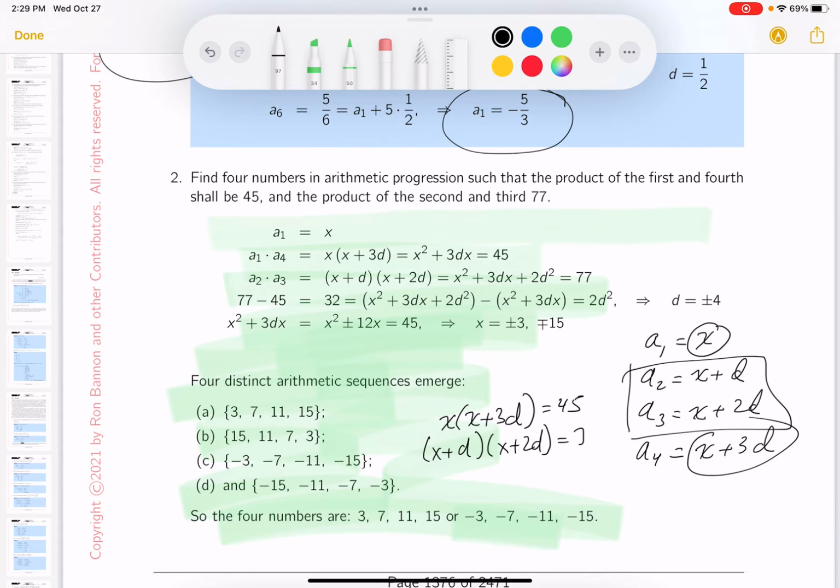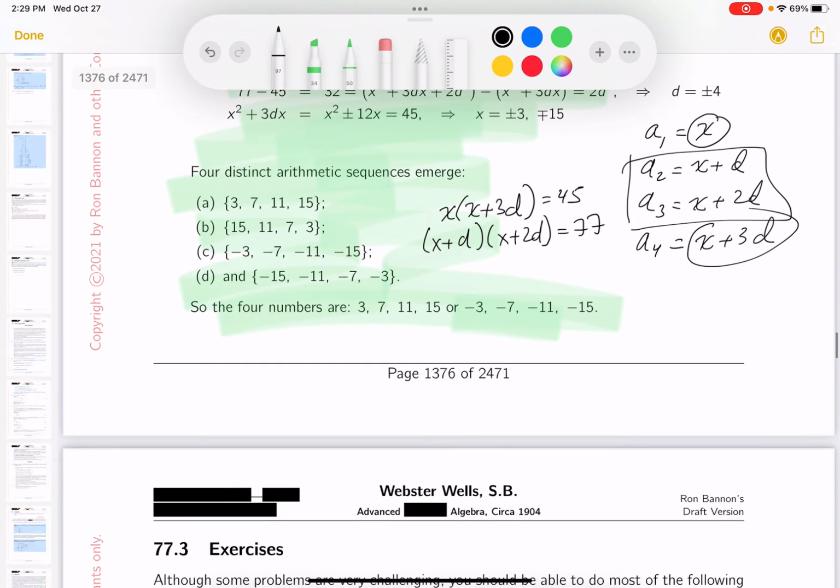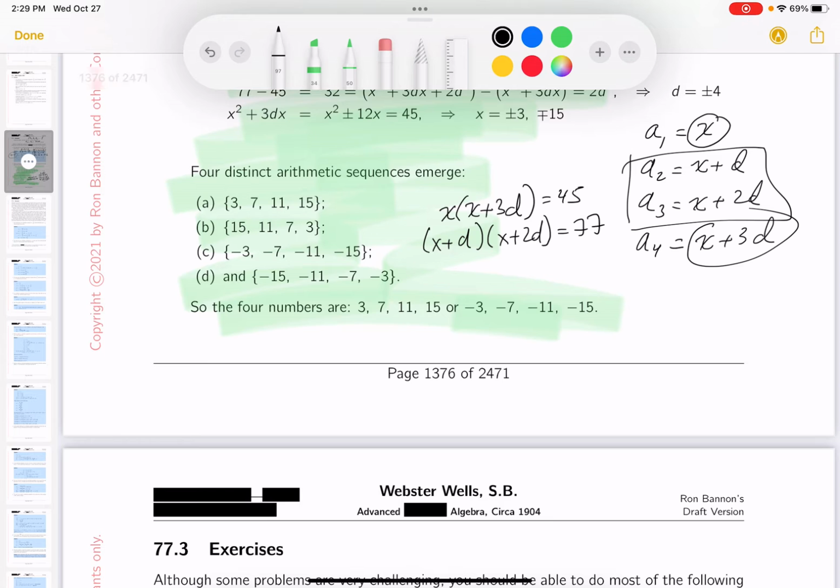Is 77. All right, I got to be honest with you. Looking at these things, you might say, what am I going to do about this? I would say just simplify it. And what do you get? You get x squared plus 3dx equals 45.